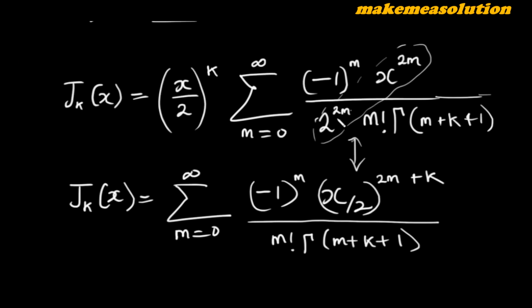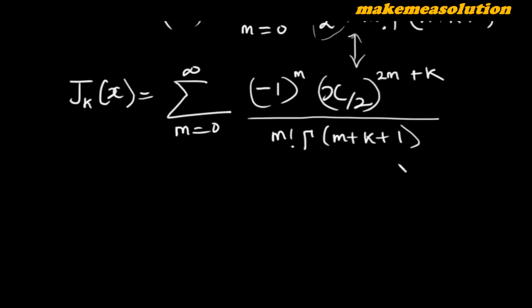When (x/2) raised to the power of 2m interacts with (x/2) raised to the power of k, by law of indices, (x/2)^{2m} times (x/2)^k becomes (x/2) raised to the power of 2m plus k. And this is another way of writing the Bessel's function of the first kind of order k.